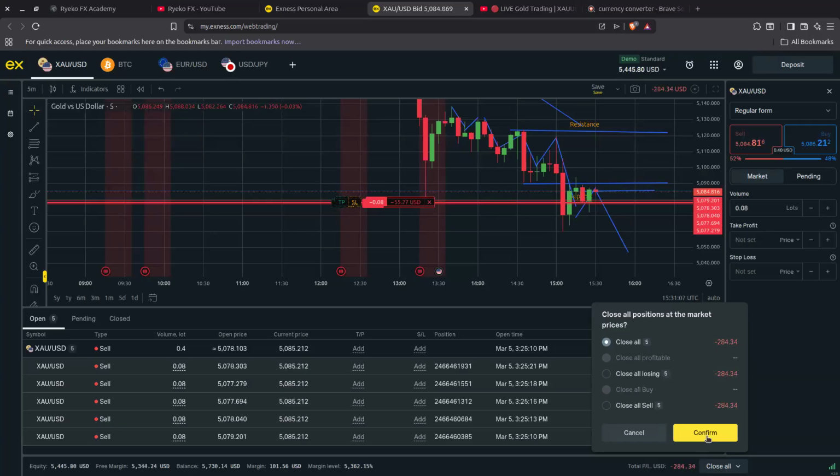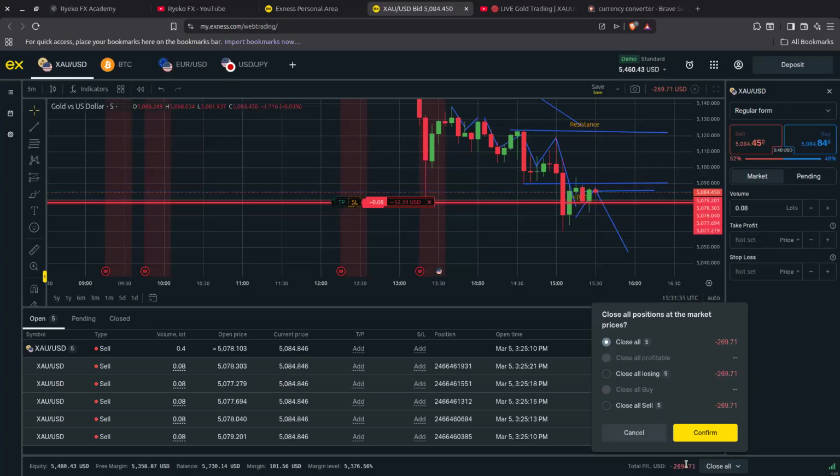What I just don't want to have on my chart is losing all this money, $300. If I close now, I would have lost all that money, which I just don't want to see. That's why I'm not good at holding on to trades, because I just want to make my quick money so that I protect my capital.